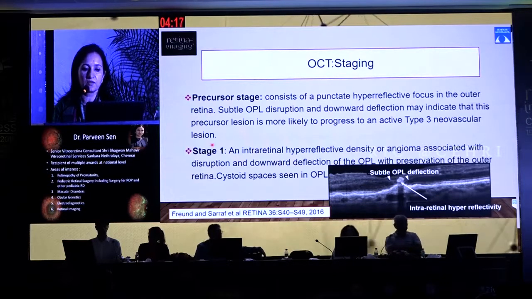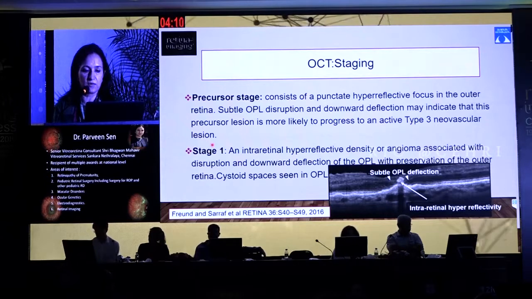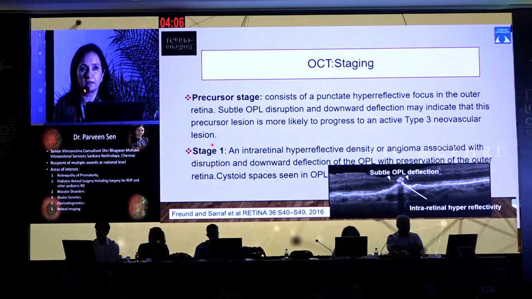Stage 1 shows an intraretinal hyperreflective density, and this downward deflection of the OPL is much more significant now, and the cystoid spaces start appearing in the inner retina much before the RPE is disrupted.